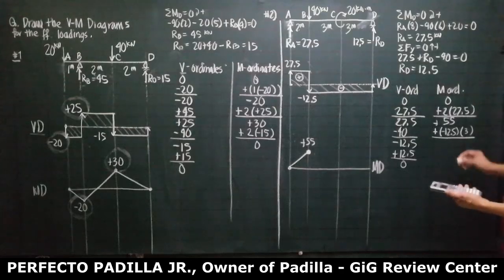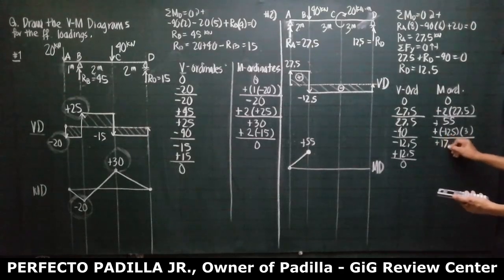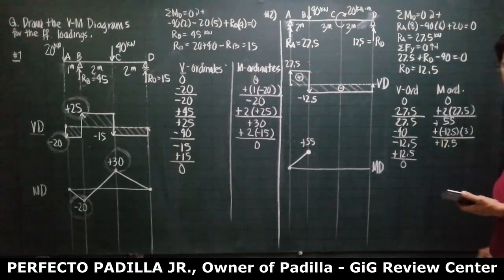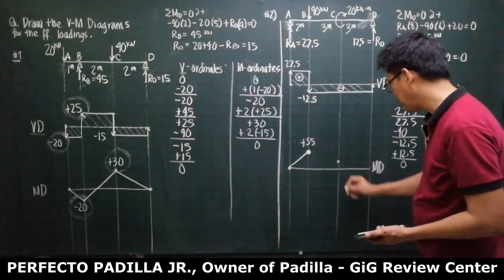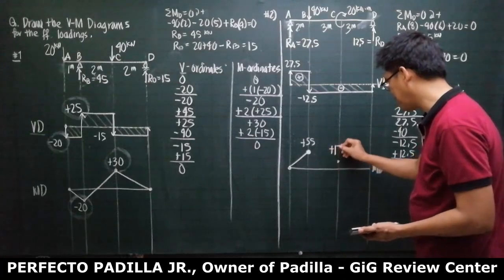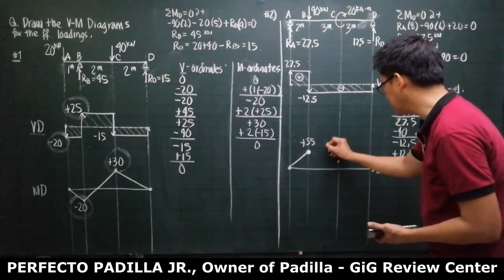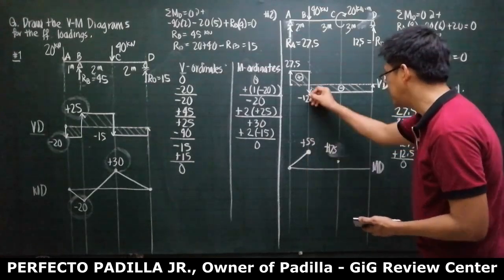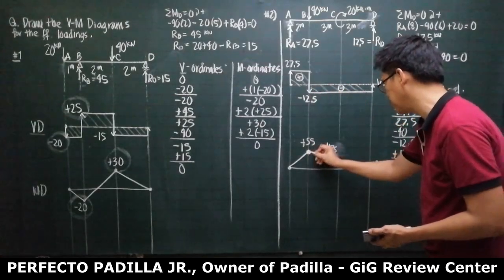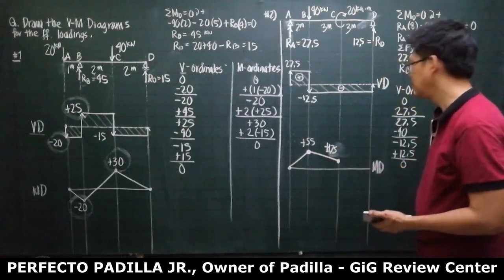So, this is positive 17.5. So, the moment here is positive 17.5. This is 0 degree. This must be first degree.